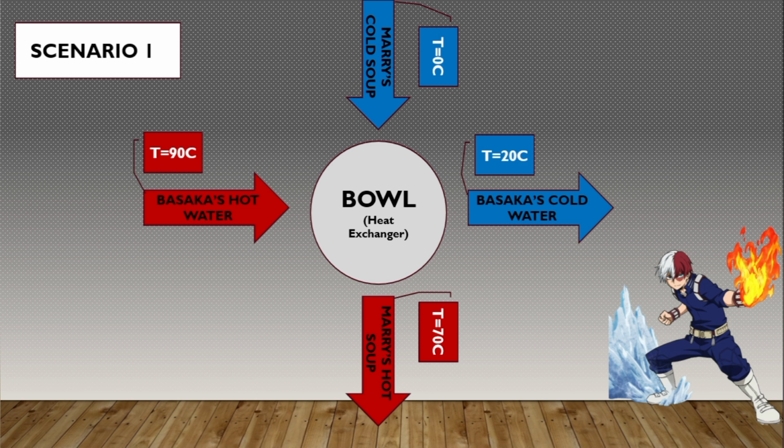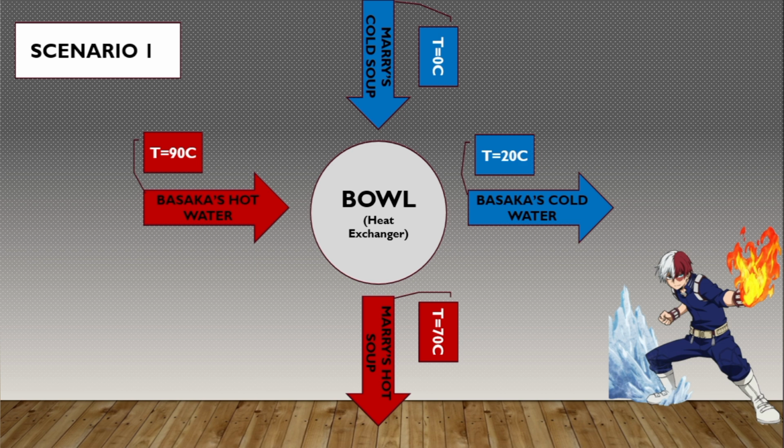So, if the bowl represents the heat exchanger, let's just hypothetically imagine that Basaka's water was passing through the bowl while Mary was dropping her frozen bowl of soup inside. With this, we believe that there is no mixing between the two fluids.